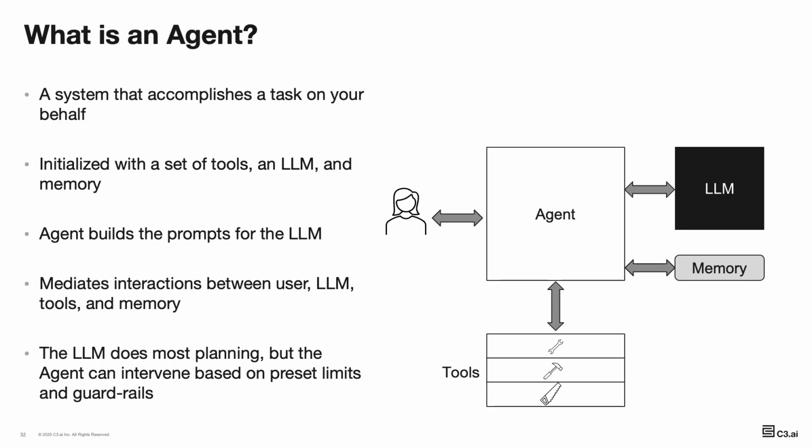Memory: if it's dynamically planning what it's going to do, it needs to know what's already happened. It may also need to know about past questions the user asked and what those answers were. And finally, we have a collection of tools. For your application, you can decide what tools you need to give that agent to answer the questions you anticipate from the user. And the tools are really the way the agent will interact with its environment.